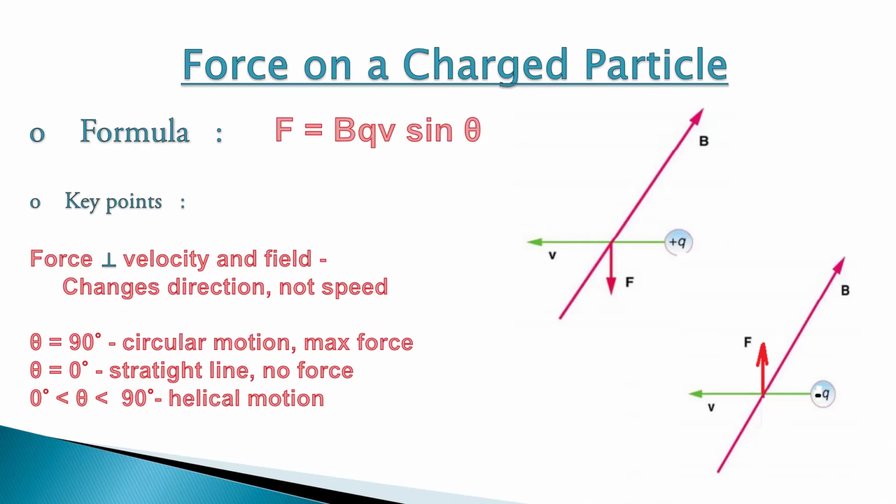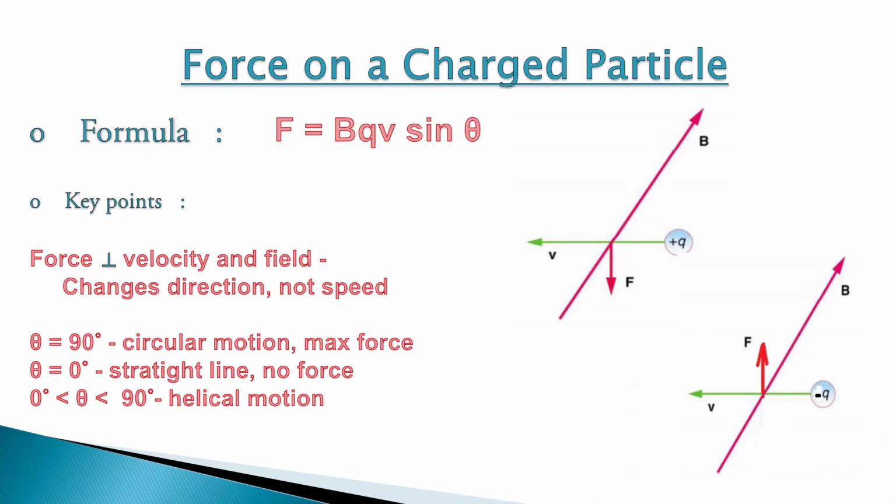This has important consequences. Since the force is sideways, it does not change the particle's speed, only its direction changes. The magnitude of the force depends on theta. It is maximum when theta equals 90 degrees, that is, velocity is perpendicular to the field. Then the particle moves in a circle.